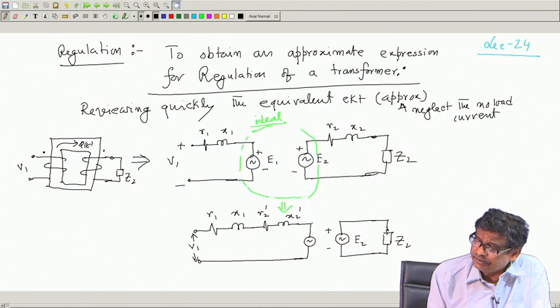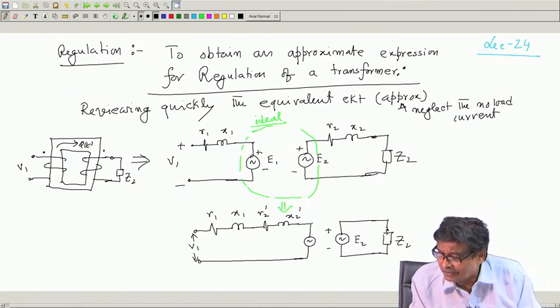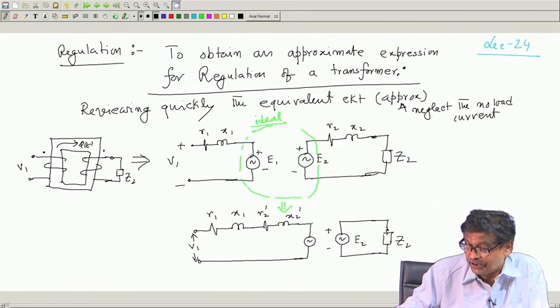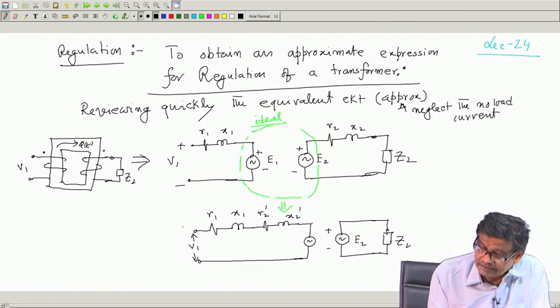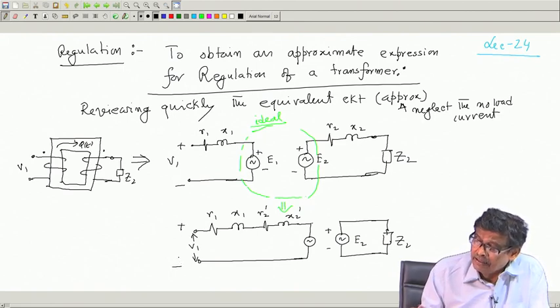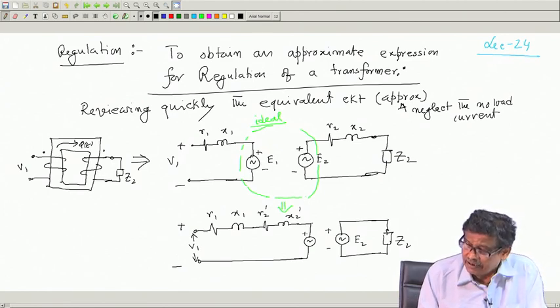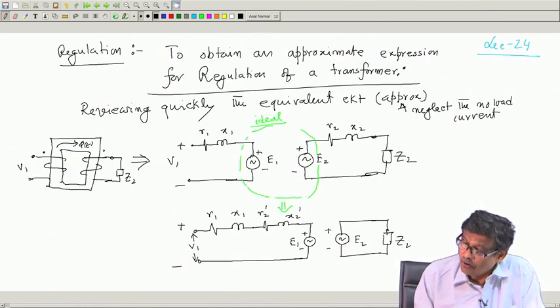If you wish, you show no impedance on the secondary side, you push it here on the primary side, and this circuit and this circuit will be identical, no problem if you solve it. This is equivalent to this.